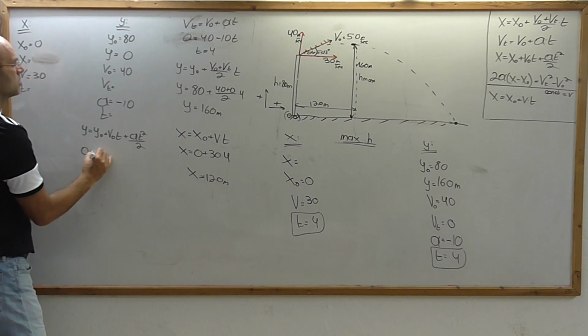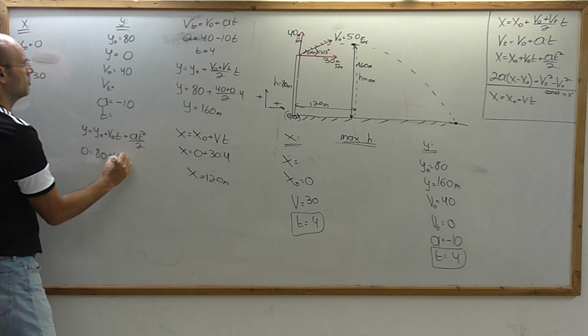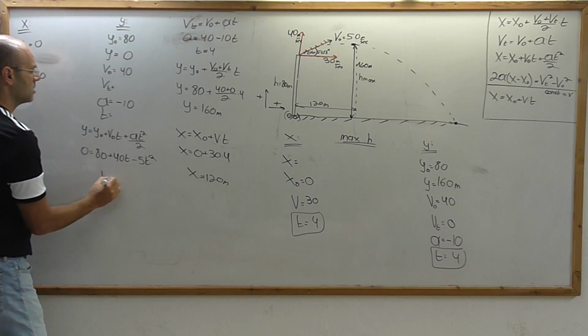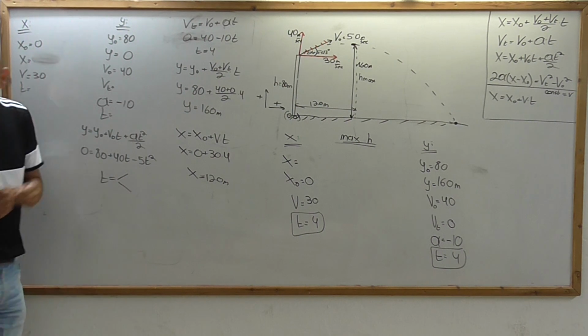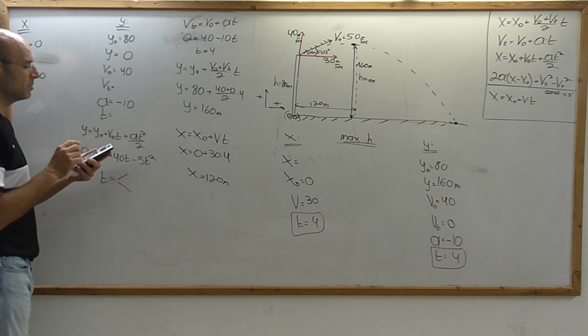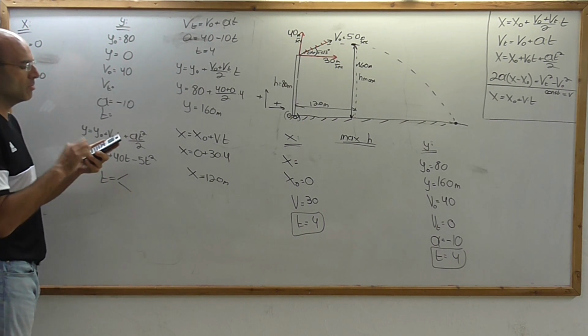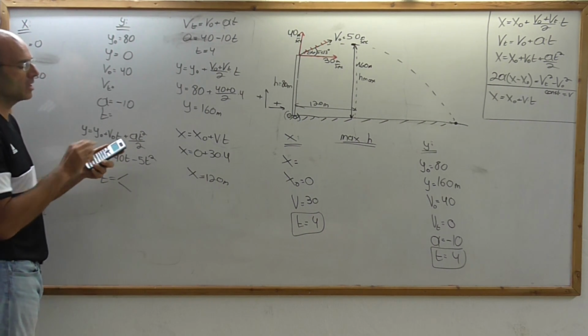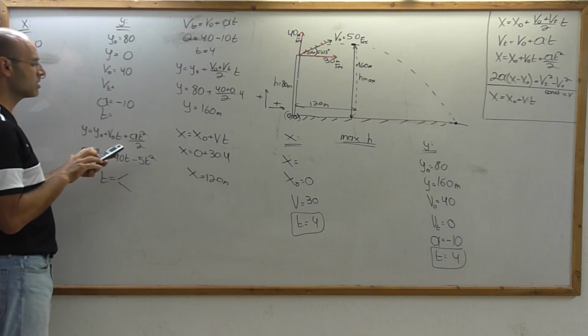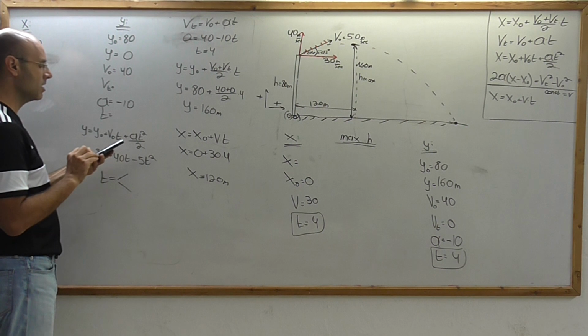So 0 equals 80 plus 40t minus 5t squared. Okay, t equals 2. I remind you, we have mode 5.3, if you don't remember what I was talking about. Mode 5.3 solves these quadratic equations for us: minus 5, 40, 80.